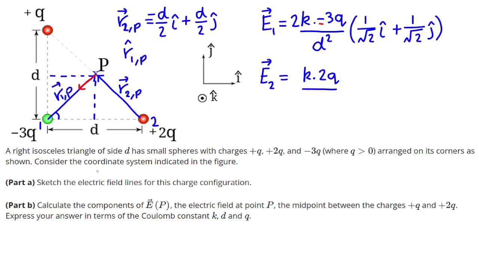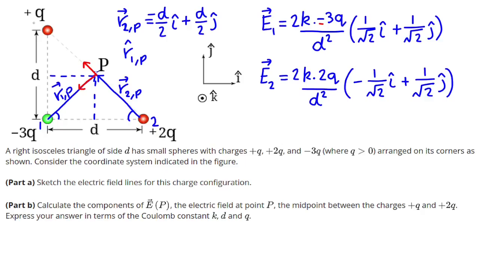So this radial vector has the same squared magnitude. So we have d squared on 2 in the denominator and the 2 goes in the numerator. And we have a minus x component and a positive y component. So noting this angle is also 45 degrees. So we see the electric field due to this charge points in this direction.